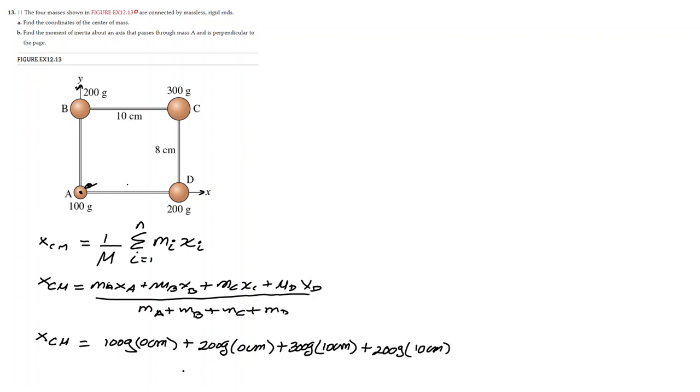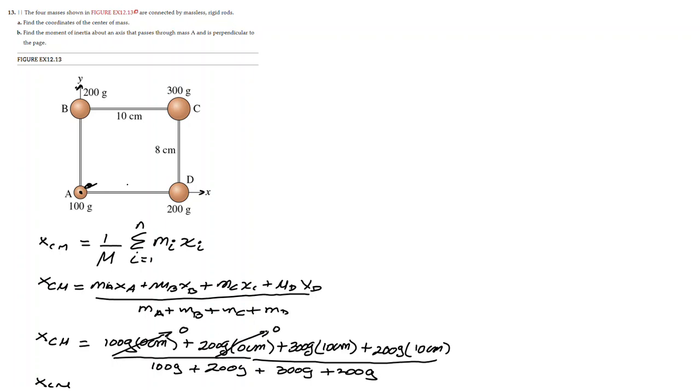Now we're going to divide all this by the total mass, which is 100 grams plus 200 grams plus 300 grams plus 200 grams. If we calculate that, of course, this term here will be 0. This term will also be 0. So the numerator would be 5,000 gram-centimeters, and the denominator would be 800 grams.